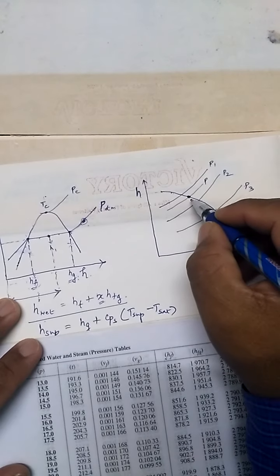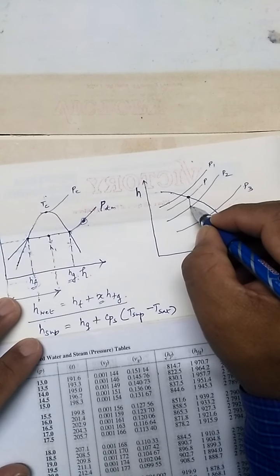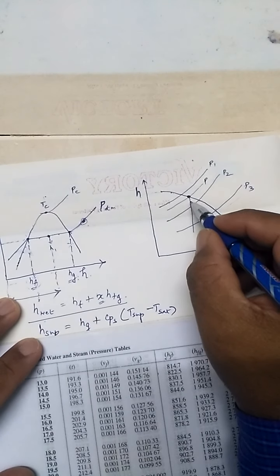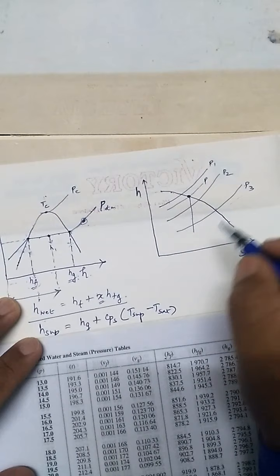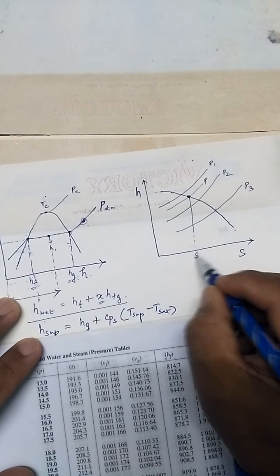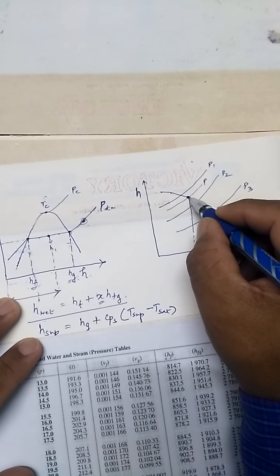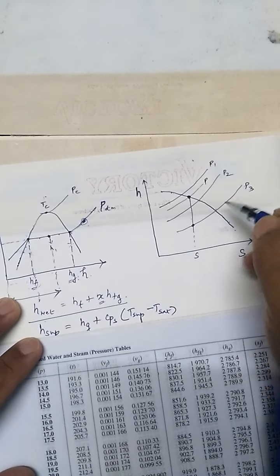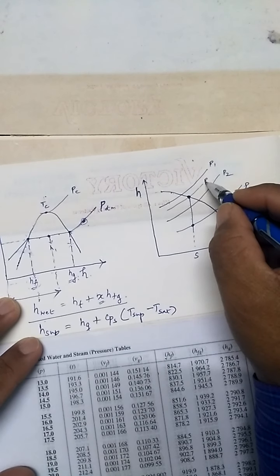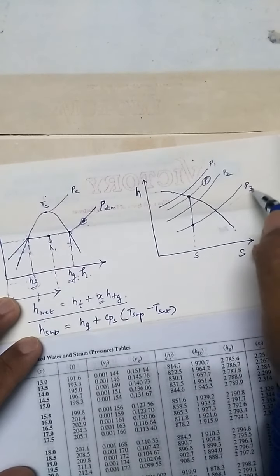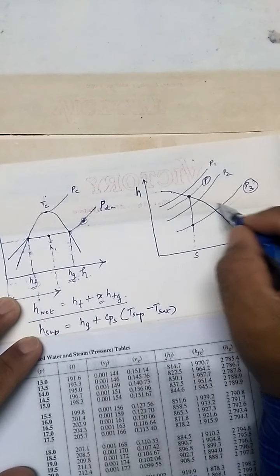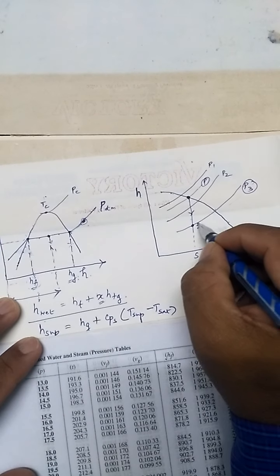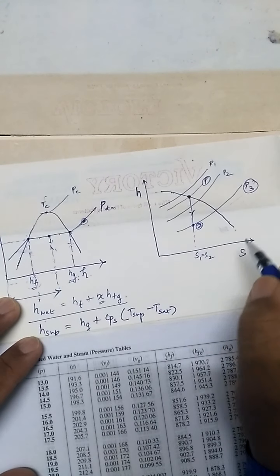But if the steam is expanding, the expansion will be taken as an isentropic process. So for any point on this line, the corresponding s will be the same. If the steam is expanding from the saturation condition to this point, from this pressure to this pressure, so the pressure drop is there, the expansion will take place at constant entropy. So this is the first point, this is the second point, so s1 is equal to s2.